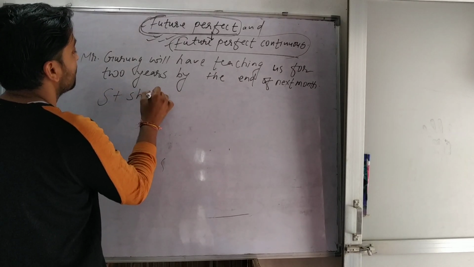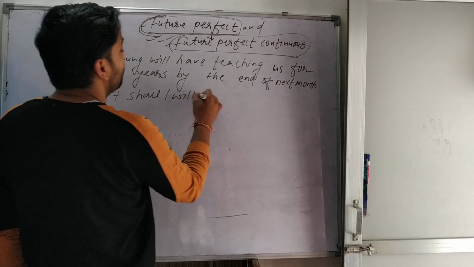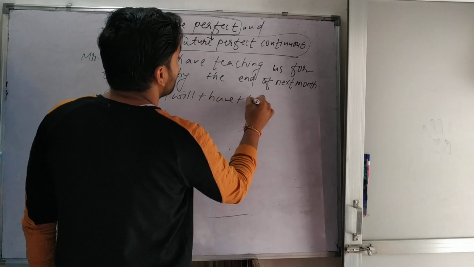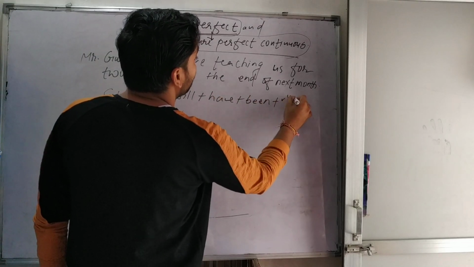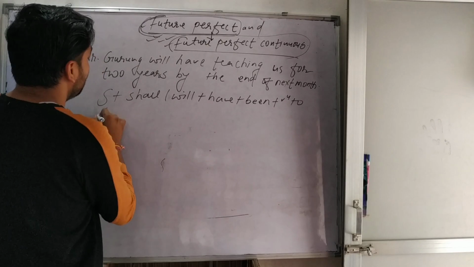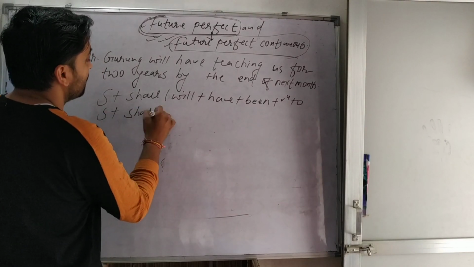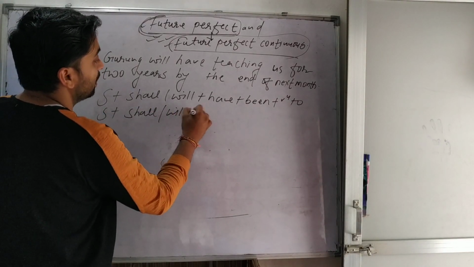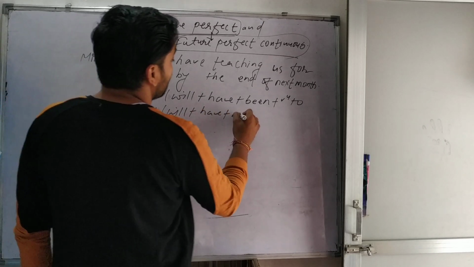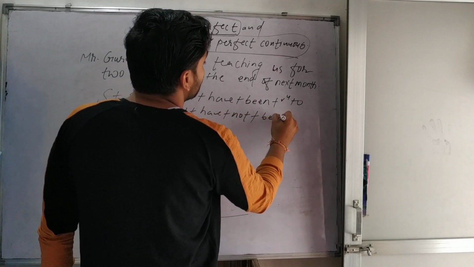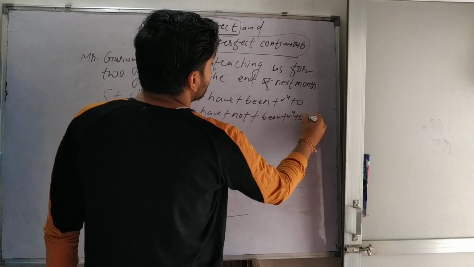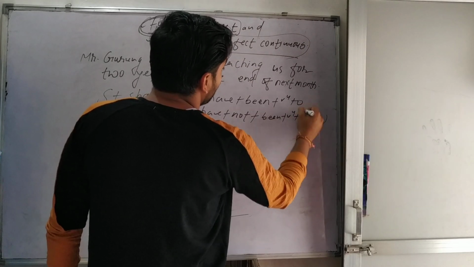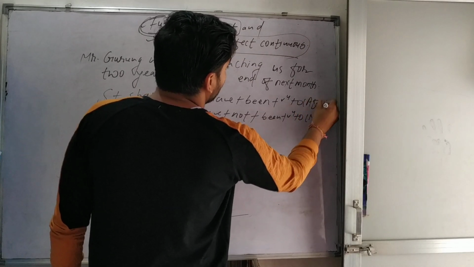Subject plus shall, will plus have plus been plus verb plus object. Similarly, negative one: subject plus shall, will plus have plus not plus been plus verb plus object. This is the negative one, and the first one is the affirmative.